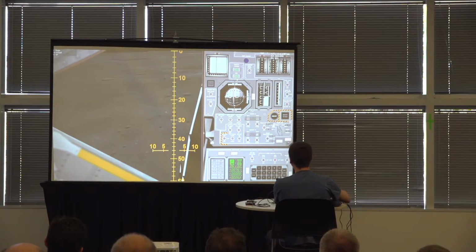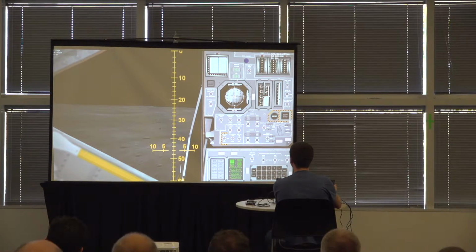So what I'm going to do now is, we've got about 6% fuel left. I'm going to pitch back and roll to the side a little bit to start nulling out my horizontals. The top row on the DSKY right now is my horizontal velocity, so 46.4 feet per second.